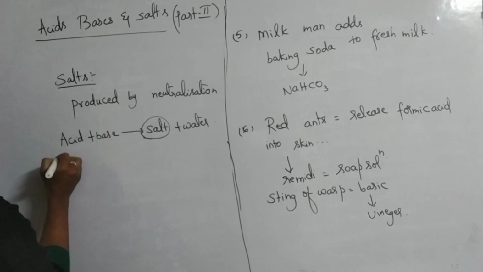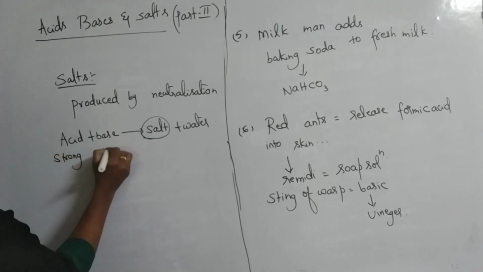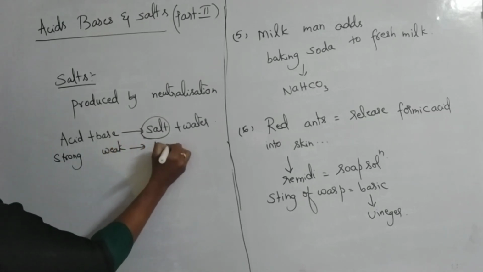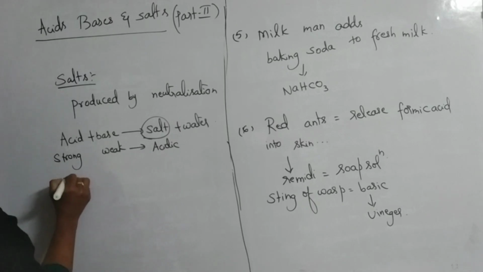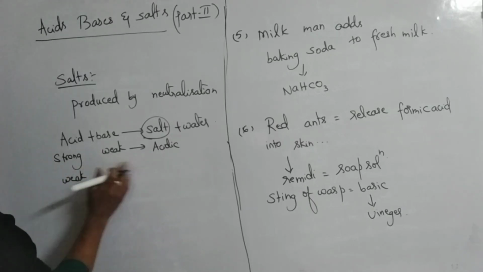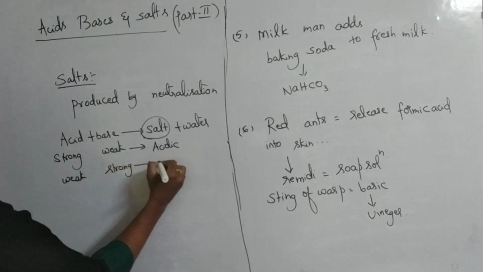If the acid is strong and the base is weak, then the salt formed will be acidic in nature. If the acid is weak and the base is strong, then the salt formed is basic.